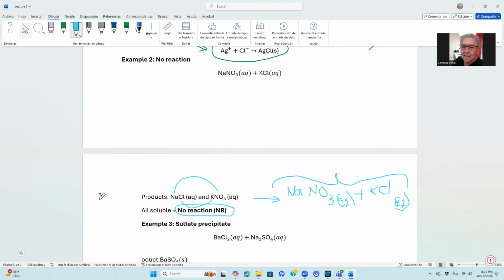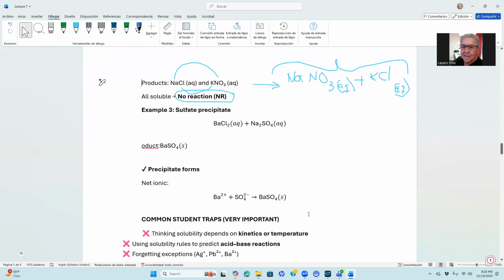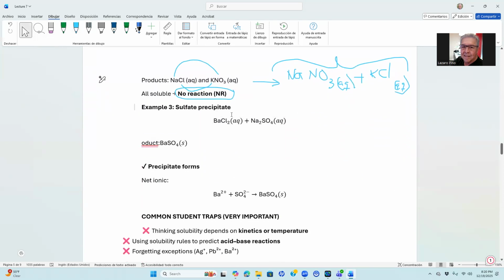But look at this. Let's go to the following example. Here we have barium chloride and sodium sulfate. Same way, barium will go with sulfate and sodium with chloride. You know that sodium chloride is soluble. But what happened with barium sulfate, according with the solubility rules, it is solid.